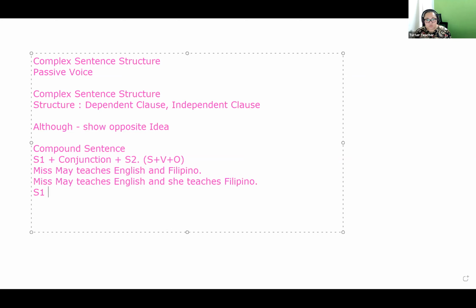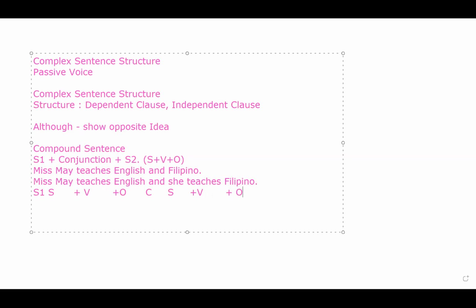So our first sentence has a subject, which is Miss May. And what is the verb? Teaches. And what is the object? English. Good. And what is the conjunction? And. And what is the subject? She. What is the verb? Teaches. And what's the object? Filipino.